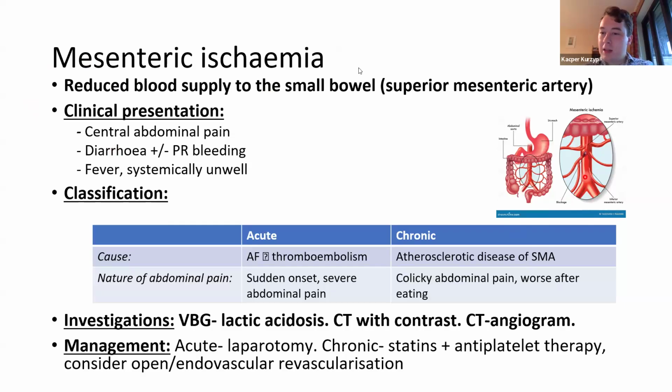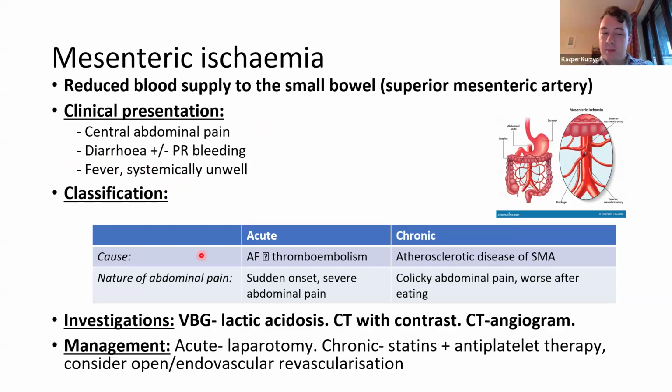And if you get a blood clot causing blockage of either of those or one of the branches, you have a portion of ischemic bowel. You have central abdominal pain. There is diarrhea, potentially with bleeding from the necrotizing bowel. There is fever, and the patient will be systemically unwell because of necrotizing bowel.